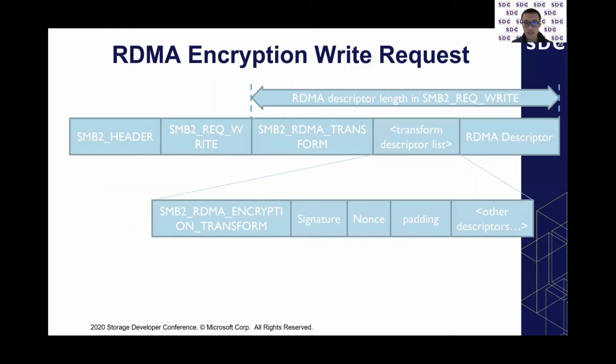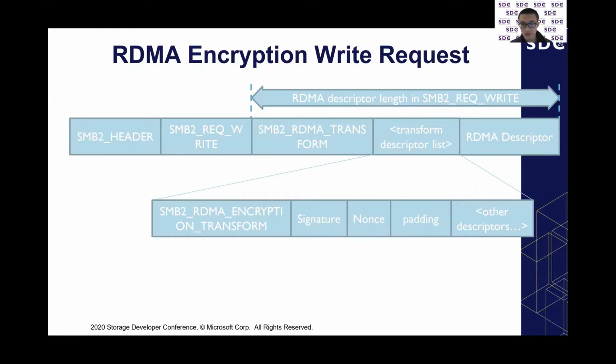Then this is a protocol view of what the message would look like when you send an encrypted write through the direct data placement. You have your familiar SMB2 header, the write request. Then you have what's called the SMB2 RDMA transform struct.